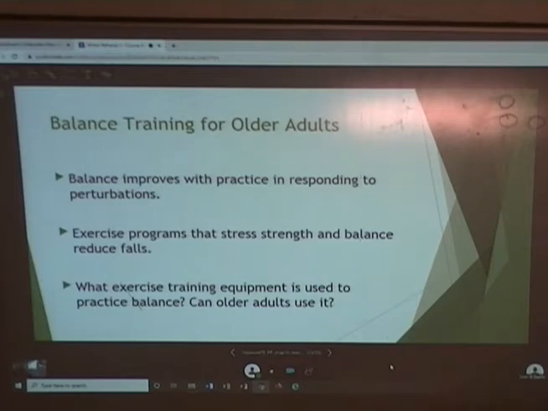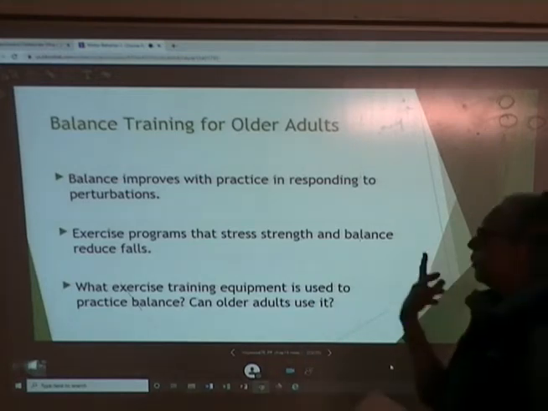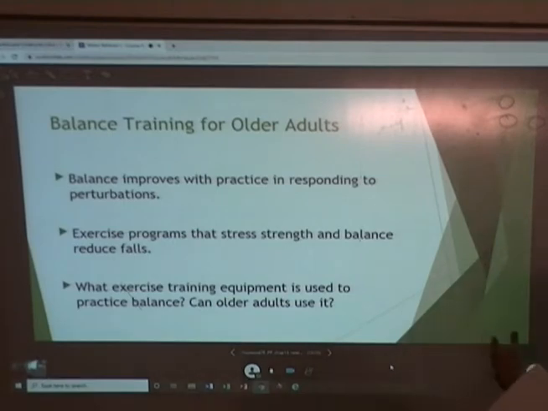So we can help them stay stronger and maintain their balance more effectively so that they don't have to be so scared, and that can impact not just their immediate health and the fear of falling, but impact their whole quality of life, right? So, I can give them training programs.